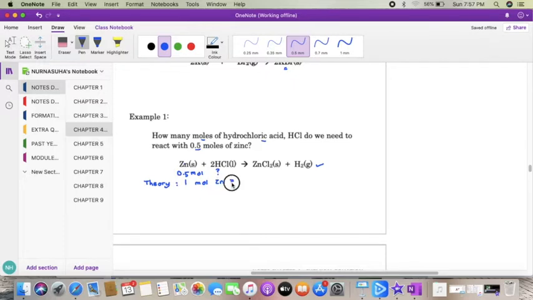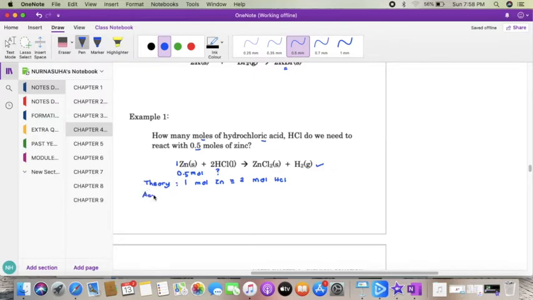Kita wakilkan dengan simbol this one, 3 dash. 1 mole of zinc bertindak balas dengan 2 mole HCl. So, this is the theory. Kenapa kita panggil dia teori? Because this one, 2 dengan 1 ni adalah berdasarkan this balanced equation, 1 mole dengan 2 mole of HCl.